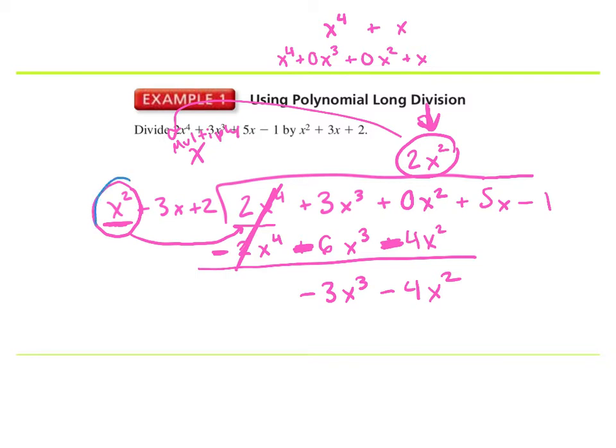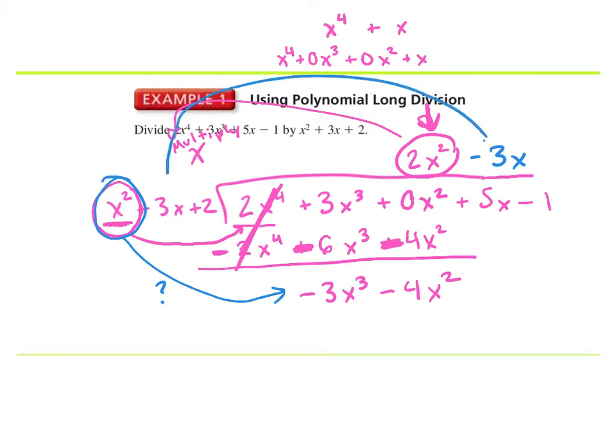So what times x squared will give us 3x cubed? Negative 3x. So we're going to put our negative 3x up top. Now we multiply what's on top with what's out front. So negative 3x times x squared is what?